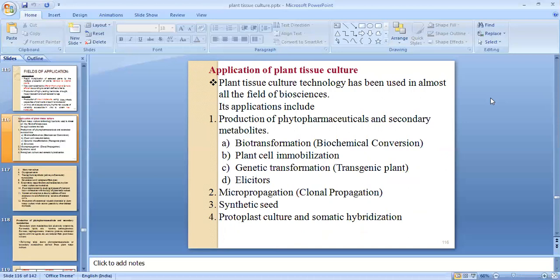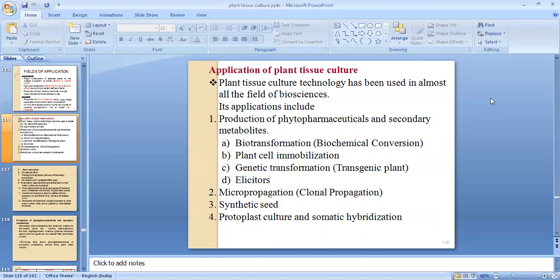Plant tissue culture technology has been used in almost all the fields of biosciences, and its applications include the following. The very first application is production of phytopharmaceuticals and secondary metabolites. And these can be produced in many ways.